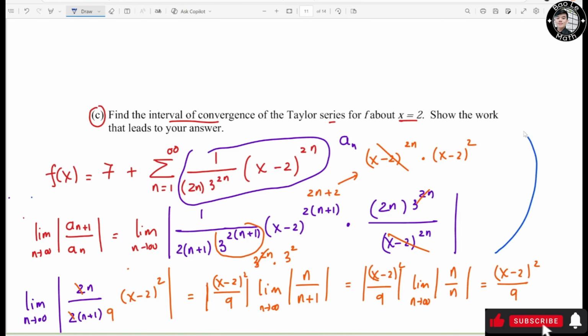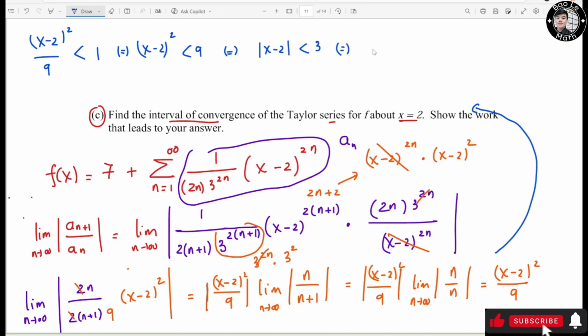I don't have enough space, so I'm going to write over here. So (x minus 2) altogether squared over 9 is less than 1, so (x minus 2) squared is less than 9. Take the square root of both sides, so the absolute value of x minus 2 is less than 3. So negative 3 is less than x minus 2 is less than 3. Add 2 to all sides, so we have negative 1 is less than x is less than 5.